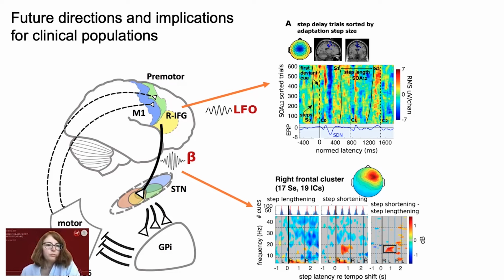It could also be used to develop neurofeedback training using beta power oscillations, or TMS to increase response inhibition in those populations.